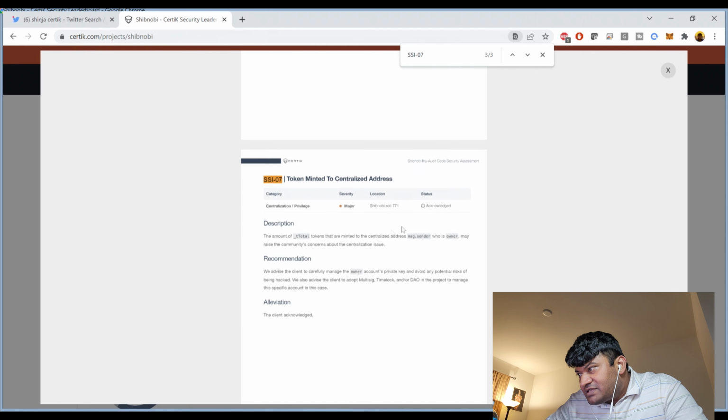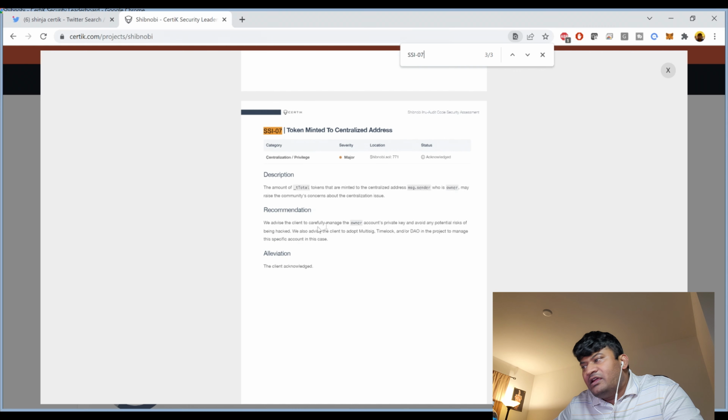SSI 07 is the amount of _tTotal tokens that are minted to the centralized address, msg.sender, who is the owner. This may raise the community's concerns about the centralization issue. This is really talking about the wallets, and this is line 771. Their recommendation is that we advise the client to carefully manage the owner account's private key and any potential risks of being hacked.